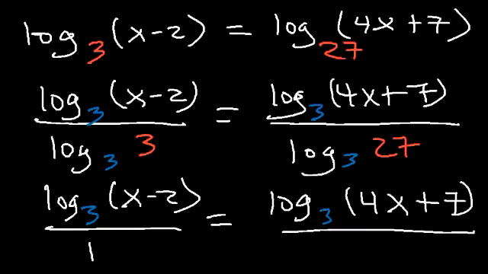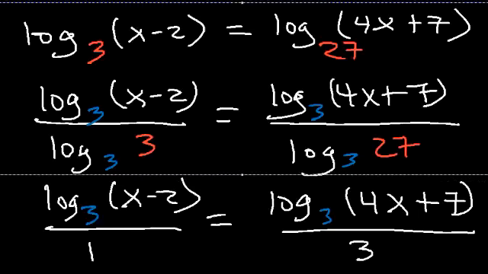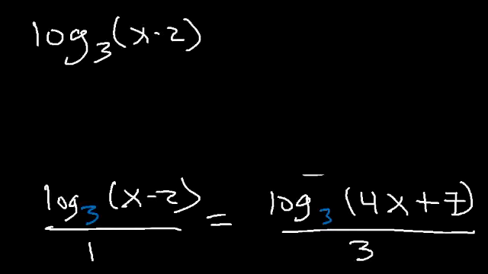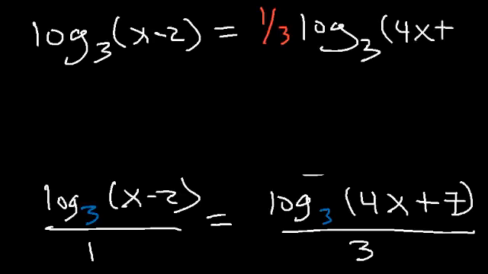We've covered that already. We know 3 to the third power is 27, so it's equal to 3. So what we now have is this expression. Log base 3 of x minus 2 is equal to, if you divide it by 3, it's the same as multiplying it by 1/3. So we have 1/3 log base 3 4x plus 7.